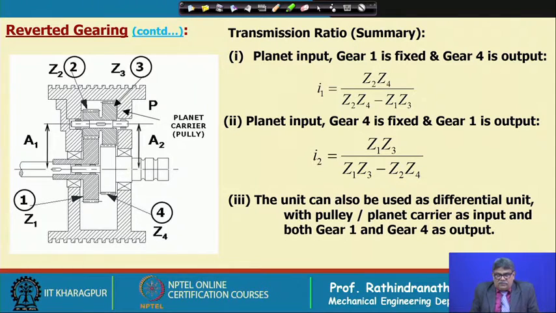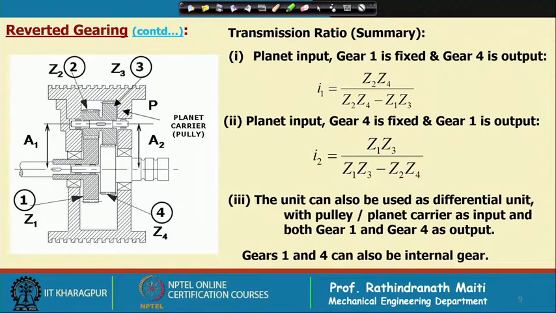So, here I have written that the unit can also be used as a differential unit, which I have described. Gear 1 and gear 4 can also be internal gears. This means that if we would like to take internal gears, then a possible arrangement is that this will go like this and meet here, and this one will go like this and meet here.